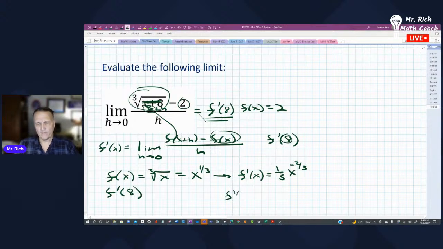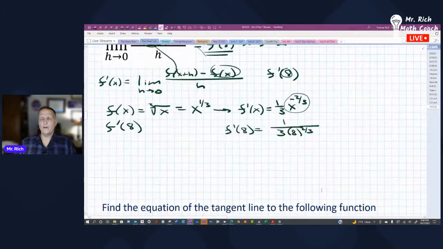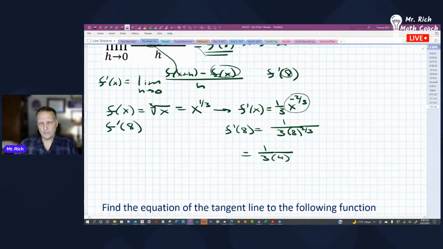So f prime of 8 would be 1/3. Now I'm moving this down into the denominator and then replacing the x with an 8, and that would be to the 2/3 power. So the question then becomes, well, what is 8 to the 2/3 power? Well, the cube root of 8 is 2, and 2 squared is 4. So this would be 1/3 times 4, or 1/12.